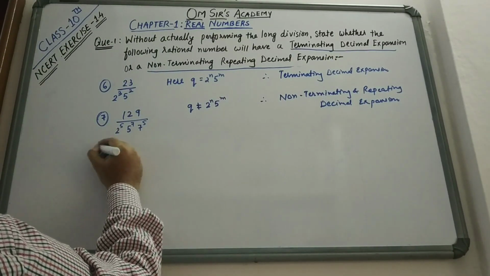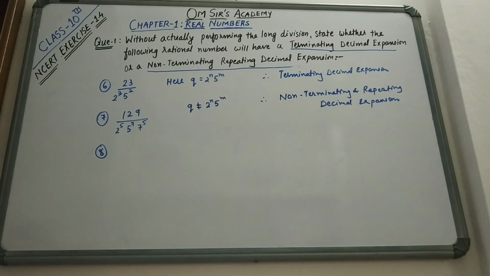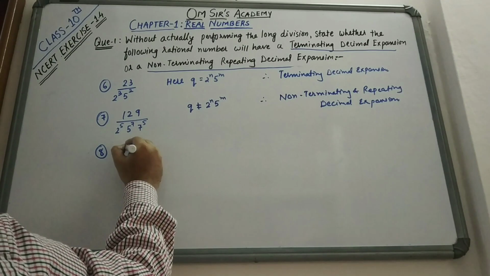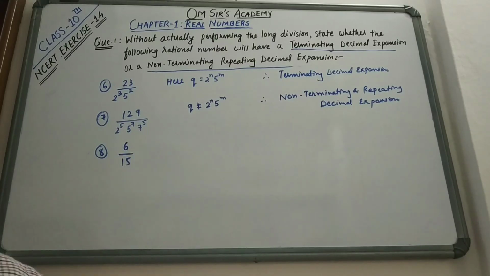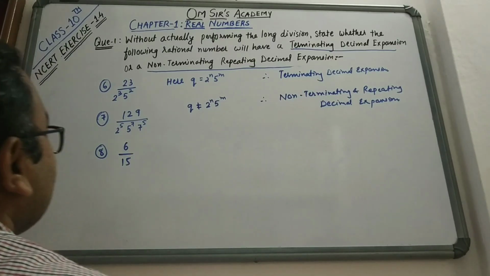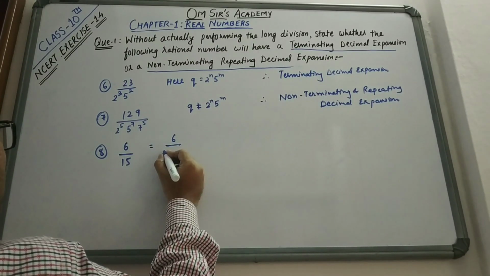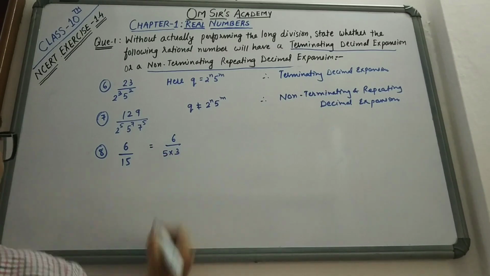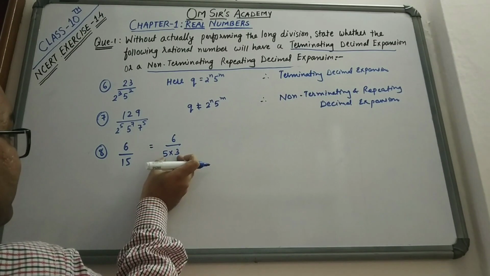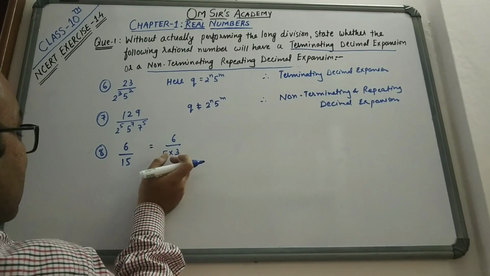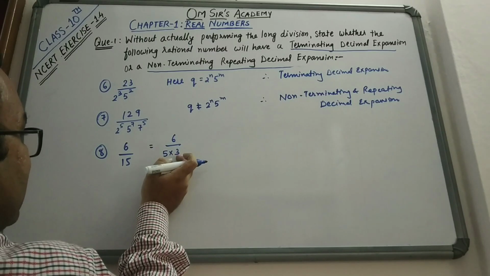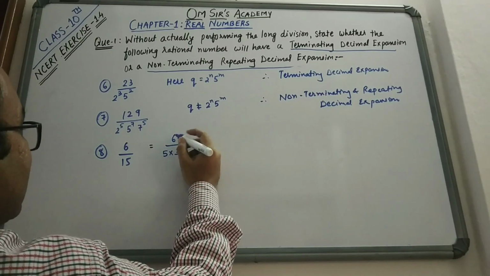Okay friends, now we move to the next part, that is 6 upon 15. In this case friends, if we factorize it, 6 upon 15 is 2 into 3 upon 5 into 3. Okay, so here in place of q, apart from 2 and 5 there is 3, but here it is not in the simplest form.